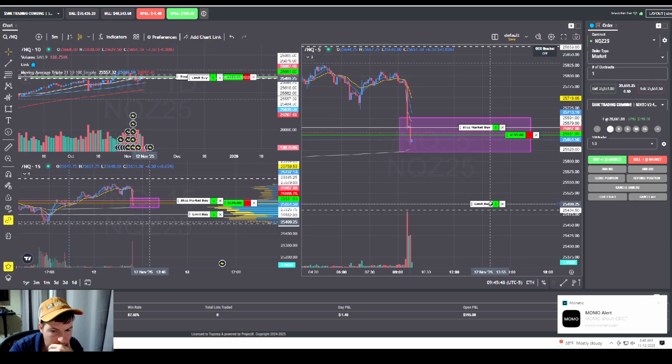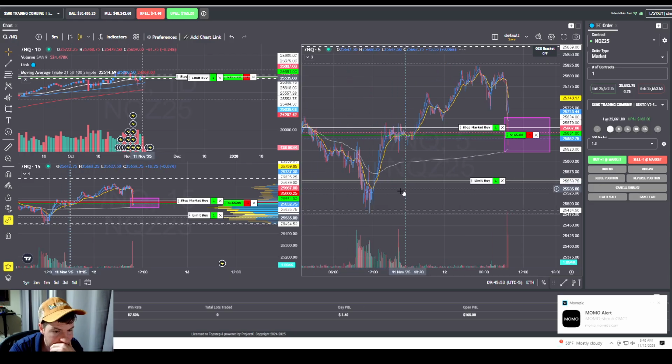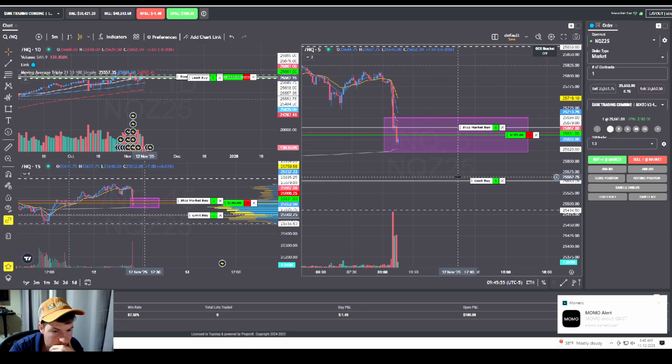This would be like the ballsy one. Yeah, right in that range, I think would be amazing. It would be nice to have full level 2. Obviously I don't, so I can't really see much of the prints.